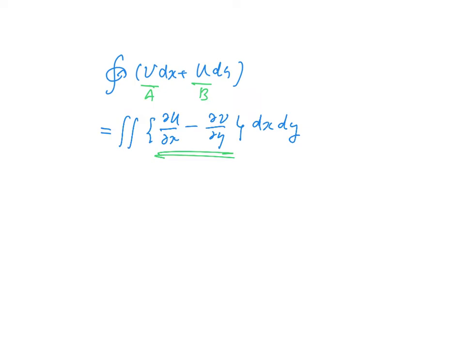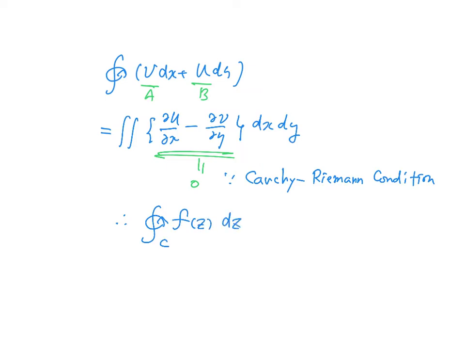So real part is 0, imaginary part is 0. So we have 0 when f(z) is analytic inside of C. That's very important.